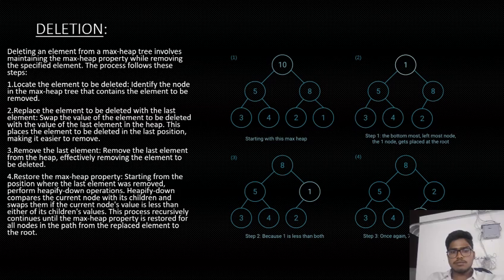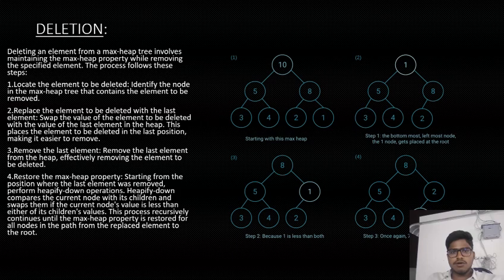Finally, we will check whether the max heap tree property is satisfied by our binary heap tree or not. If it is not, we will swap the values according to that property. Let's see the example here.